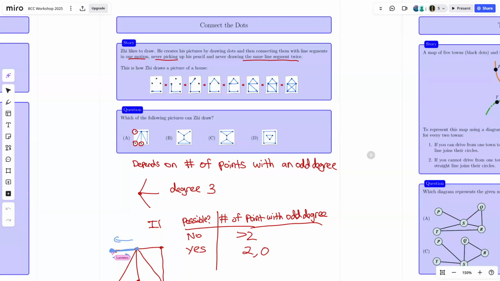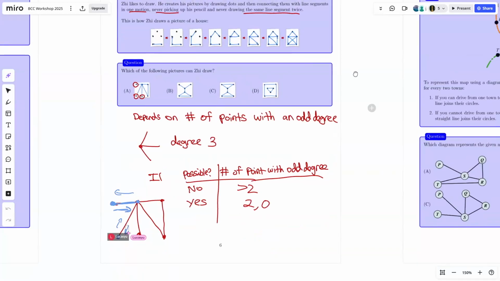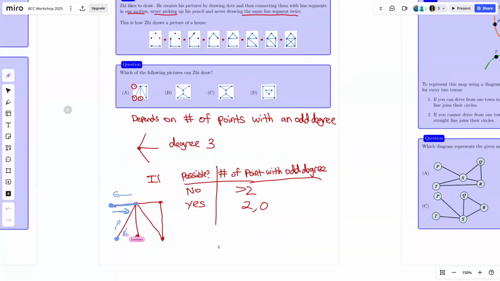Now, by a similar logic, if we look at this point, we either travel this way or this way, but in either instance, it must be the start or finish. In other words, for this point and this point, we must start or finish there.